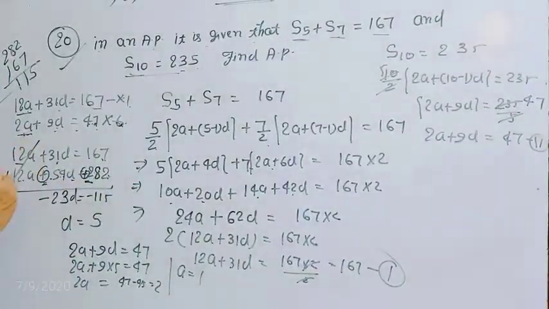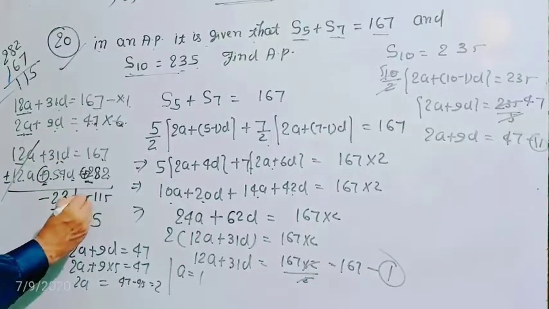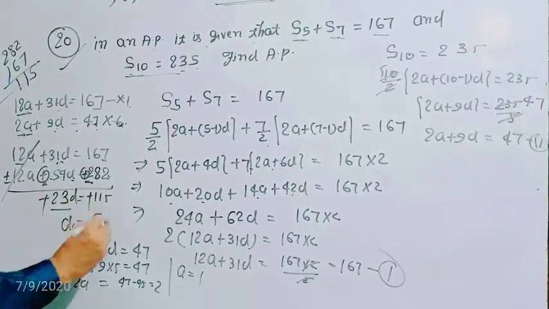Subtract it, so 12a is cancelled. Here we get minus 23d is equal to minus 115, so d is equal to 5.